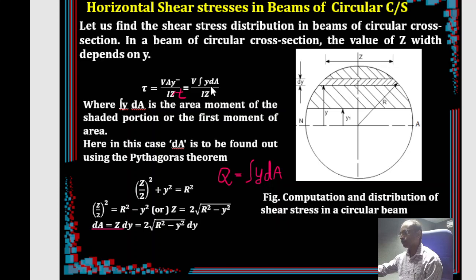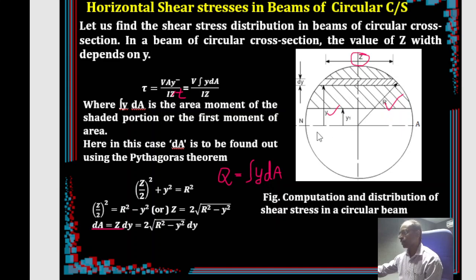For that I first require this z value, right? So this z I have to transform into the original dimensions. What are the original dimensions? Either in terms of r or in terms of y, right?